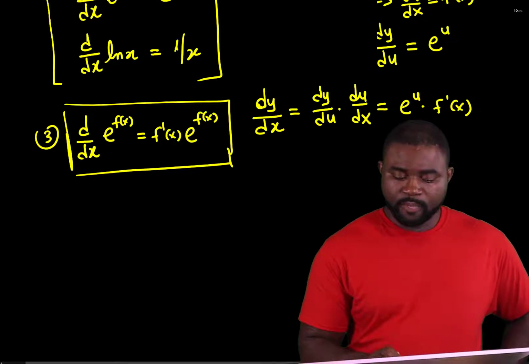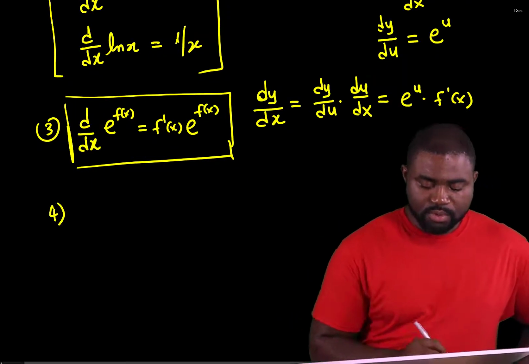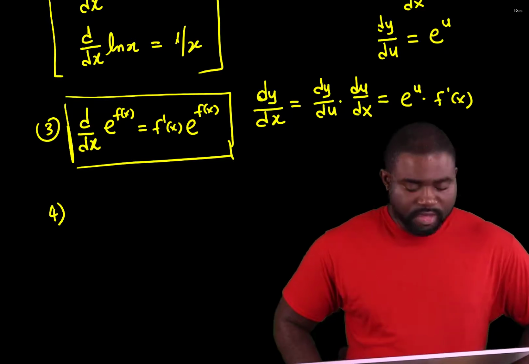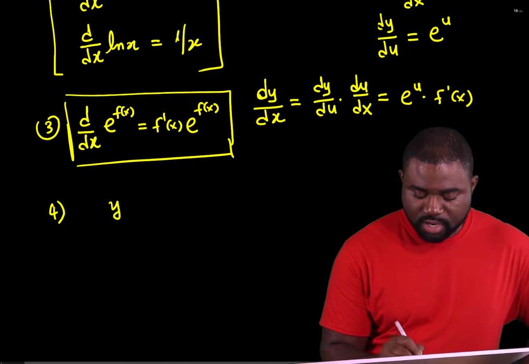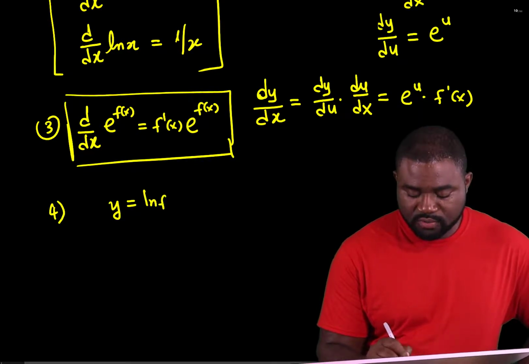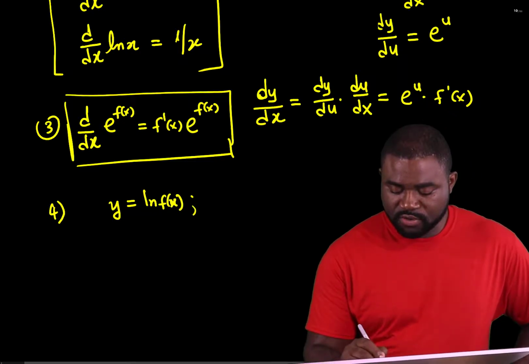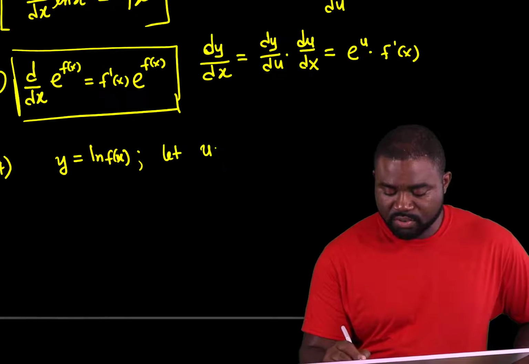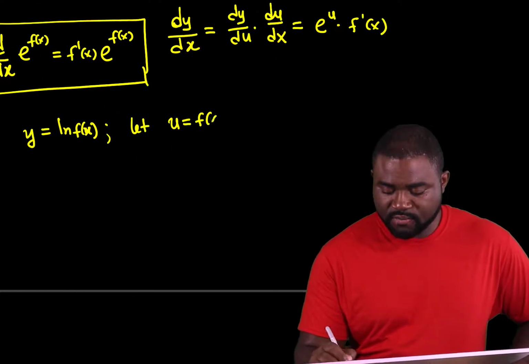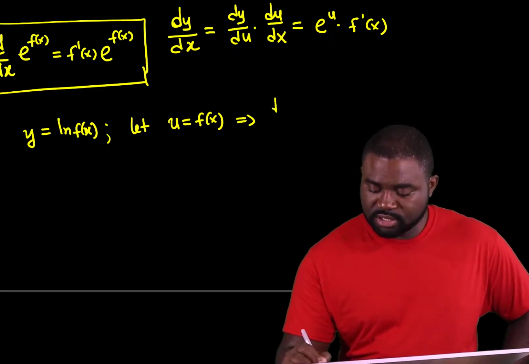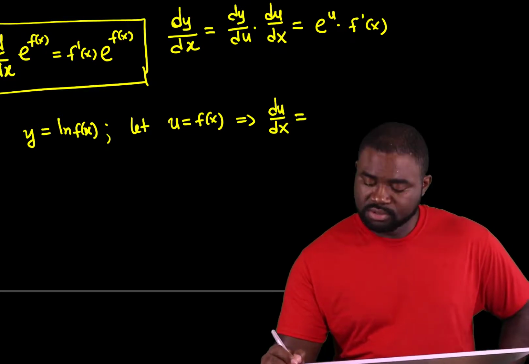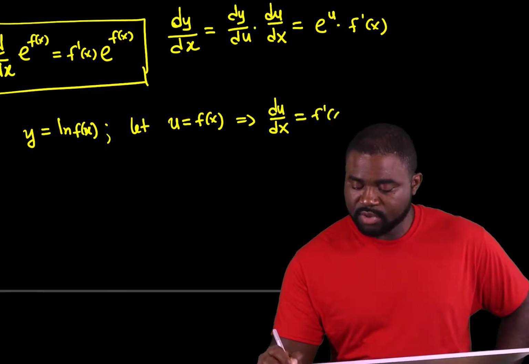Then the next integral would be, suppose that y is equal to the natural log of f of x. What we can do is say let u be equal to f of x, which means that du dx is equal to f prime of x.